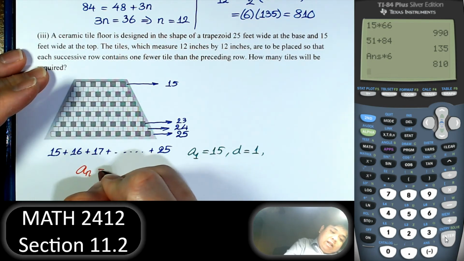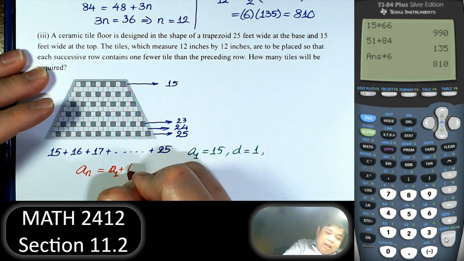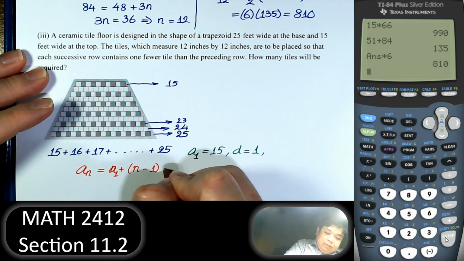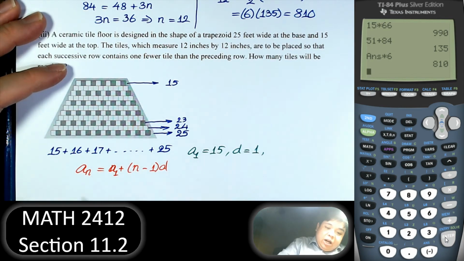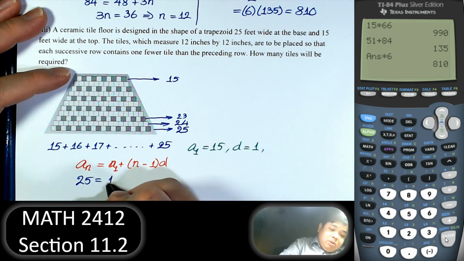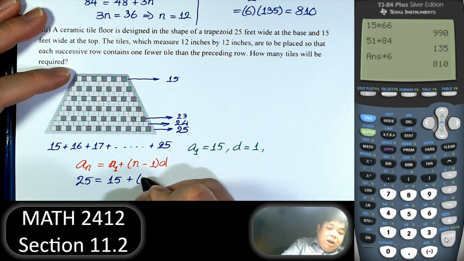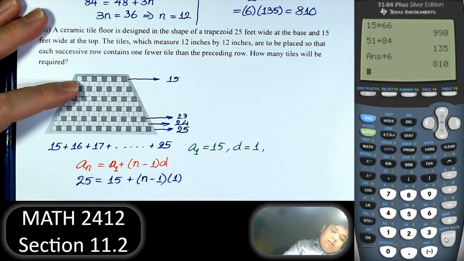So we have a sub n equal to a sub 1 plus n minus 1 times d. a sub n we know is 25. We know the first term is 15. We don't know how many terms there are, so n minus 1 stays. d is 1.